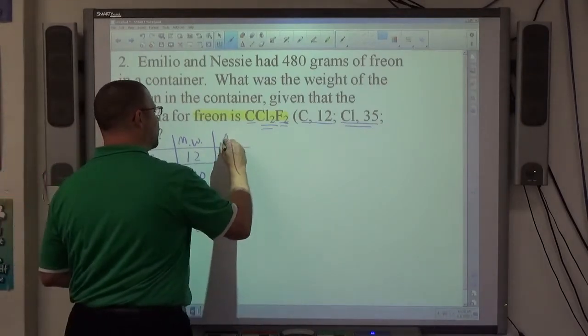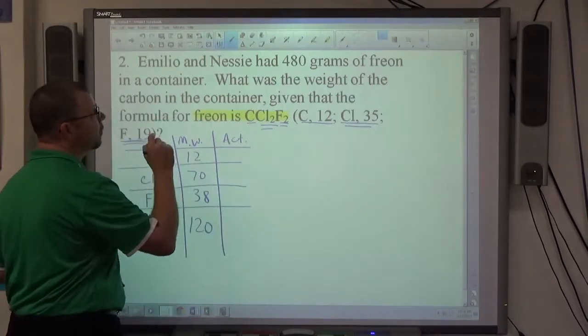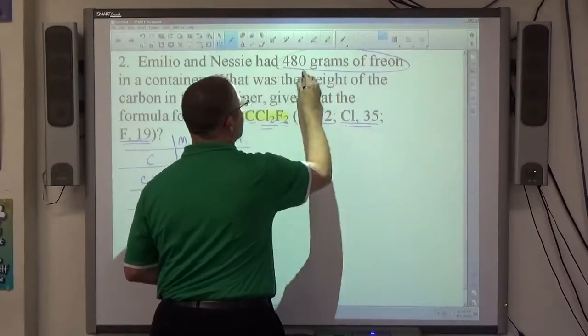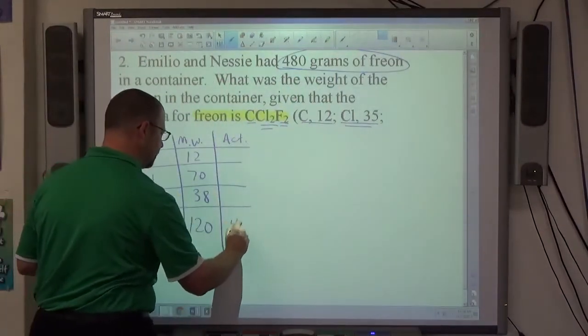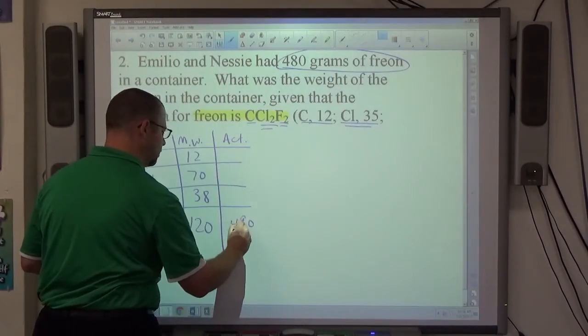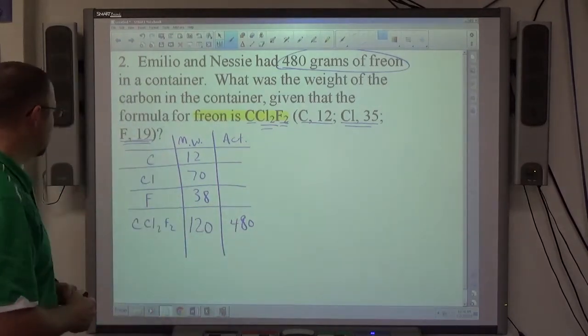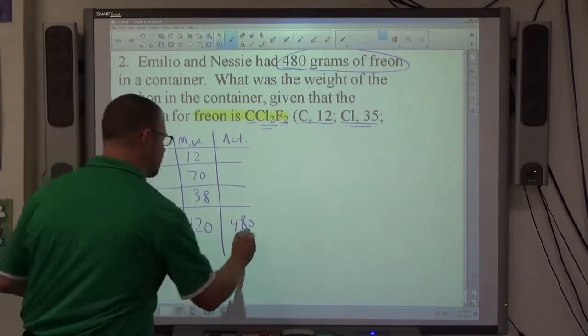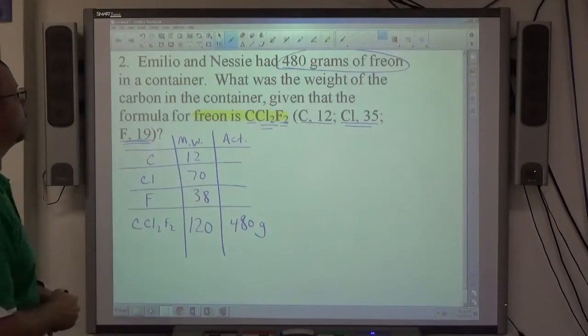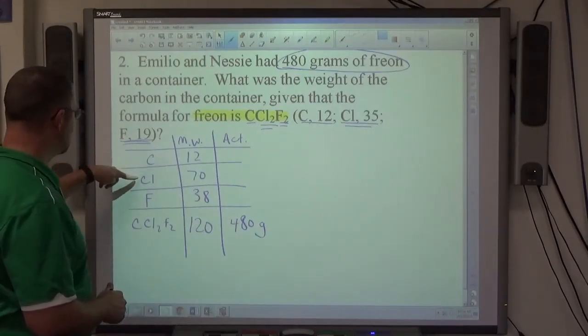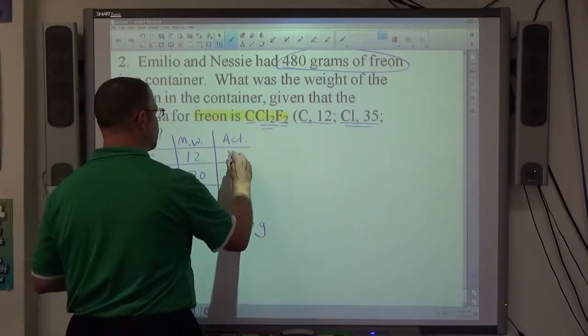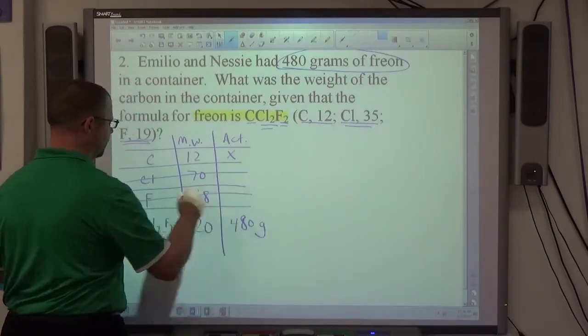And we want actual numbers over here, and we know that the Freon, 480 grams of Freon, Freon being this guy here. Alright, so 480 grams of Freon in a container. How much is carbon? Again, carbon, chlorine, fluorine. So carbon is this one. Get rid of chlorine and fluorine.